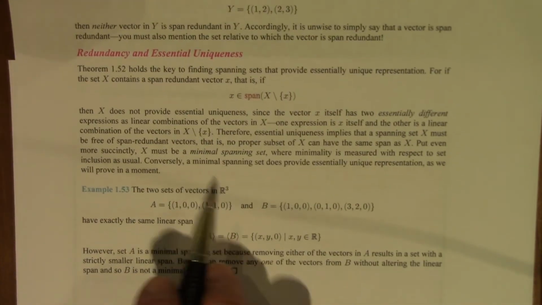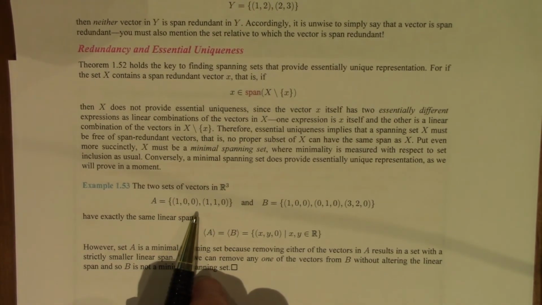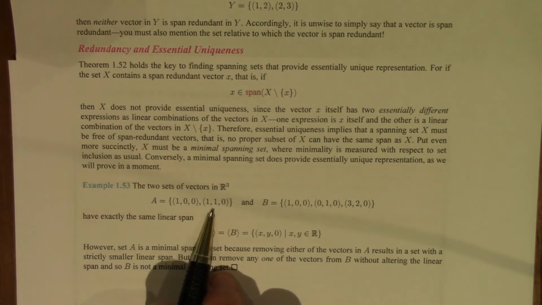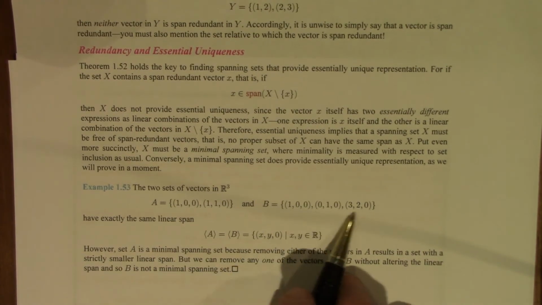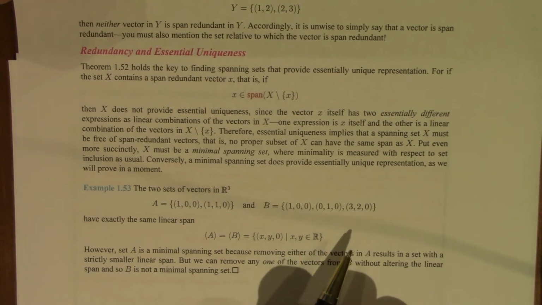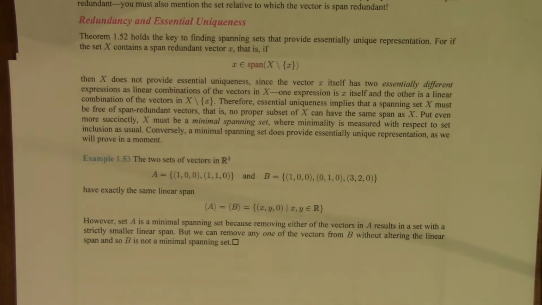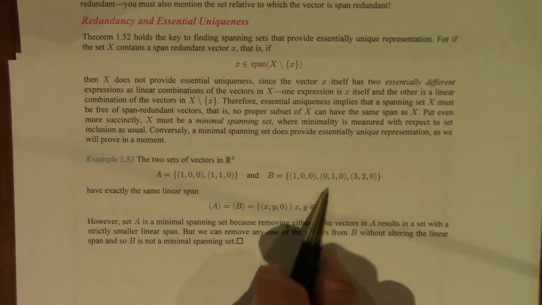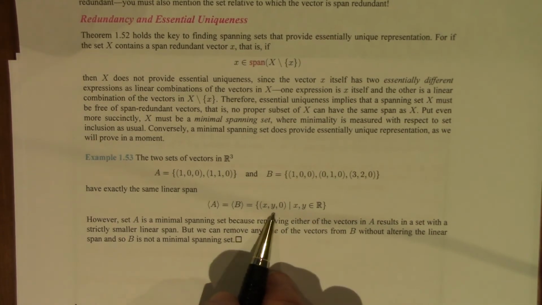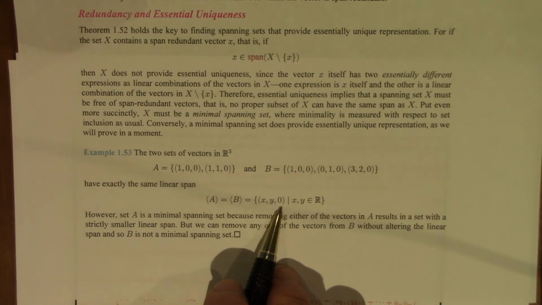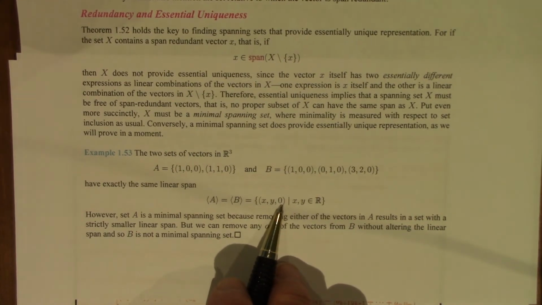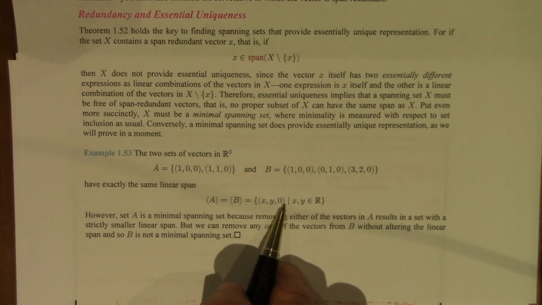The following two sets of vectors in R3, so we have two vectors here, (1, 0, 0), (1, 1, 0), and three vectors here. They have exactly the same linear span, and you'd have to check that. This is the linear span. It's the set of all ordered triples with the 0 in the third coordinate.